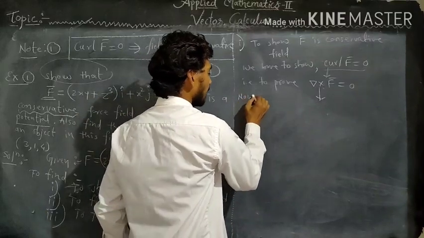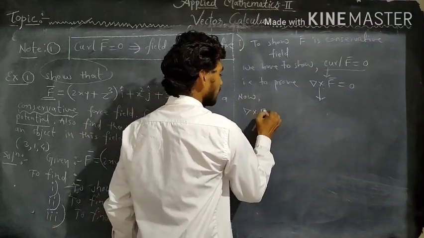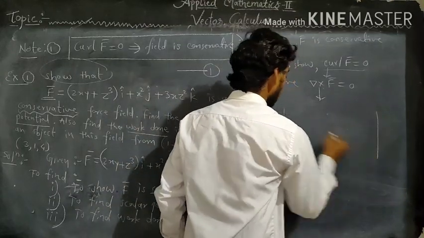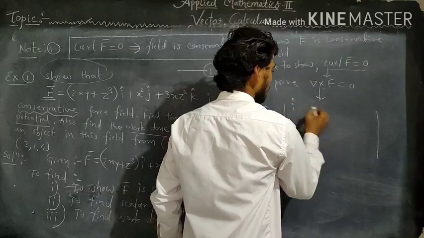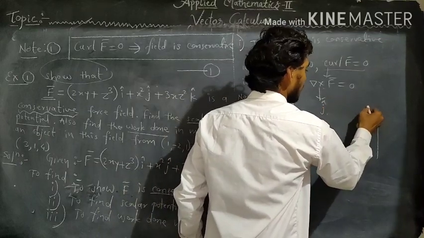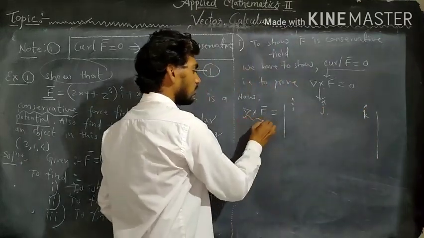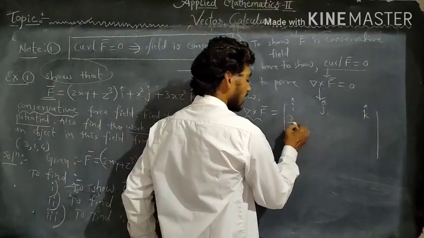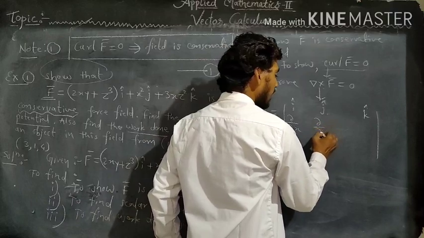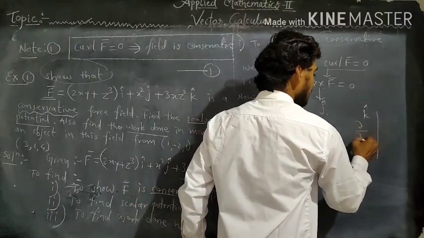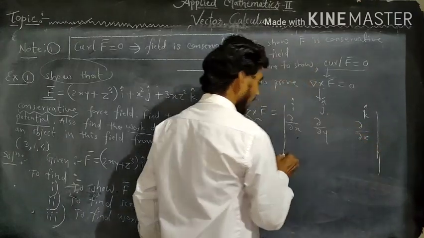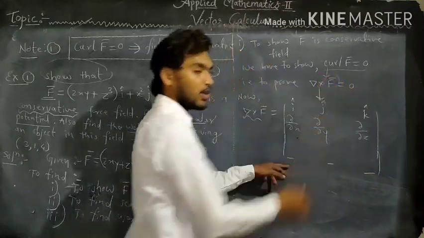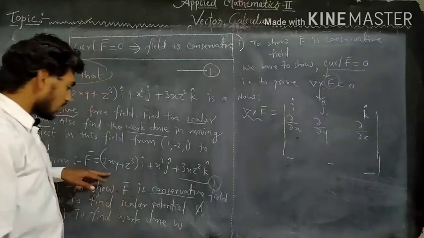Now del cross f is nothing but the determinant of i, j, k. To find the cross product we find the determinant, where the second row is del by del x, del by del y and del by del z, and in the third row are the components of vector f given in equation 1.